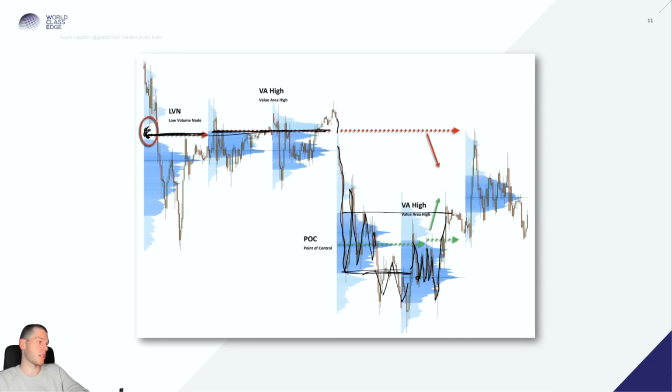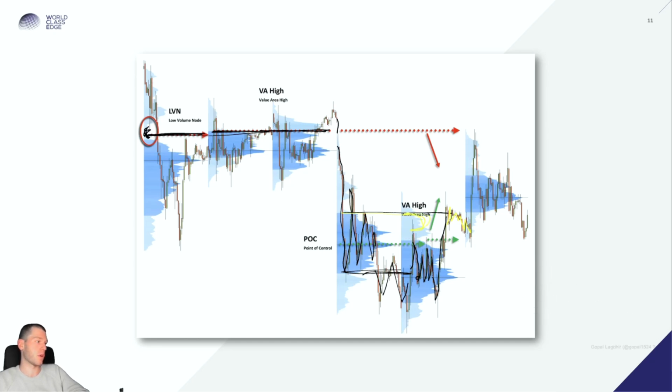Then we started the following day. This is a kind of interesting example. We had some acceptance at the high of the value area, so we spent a lot of time there and also created volume at the high of the previous day's value area.